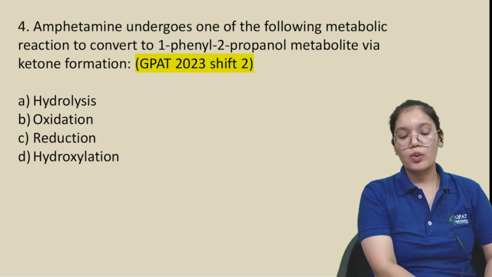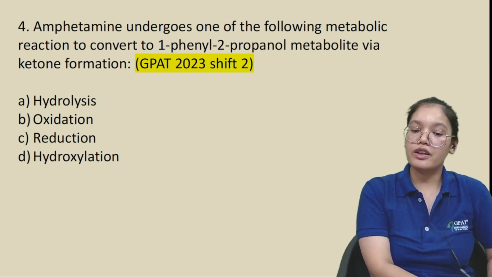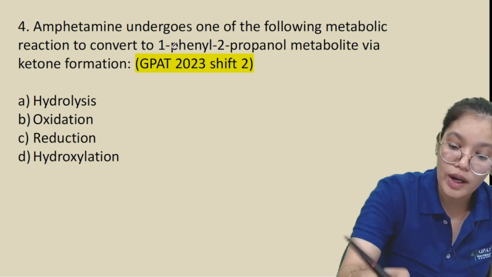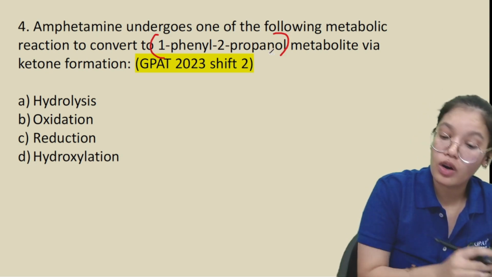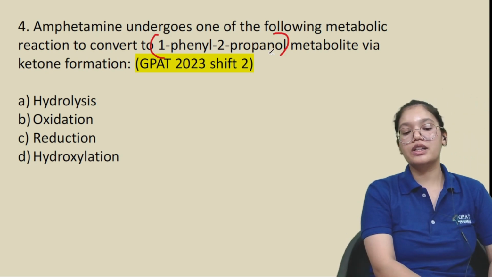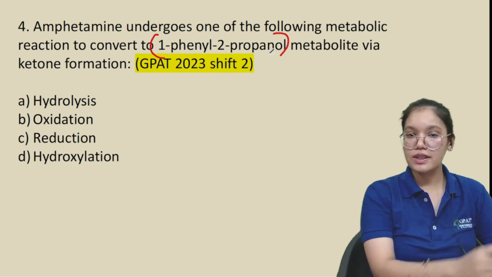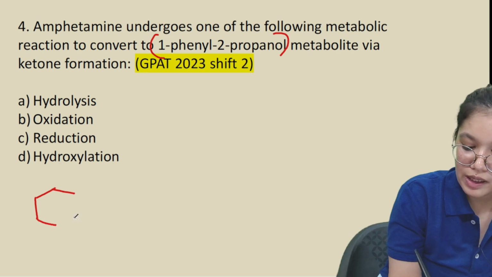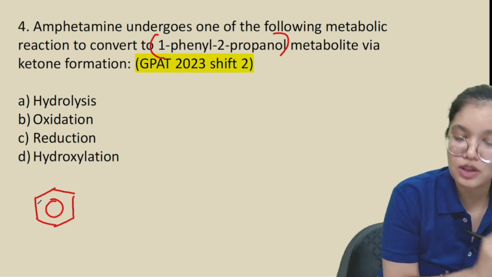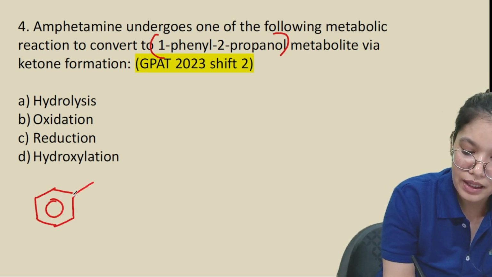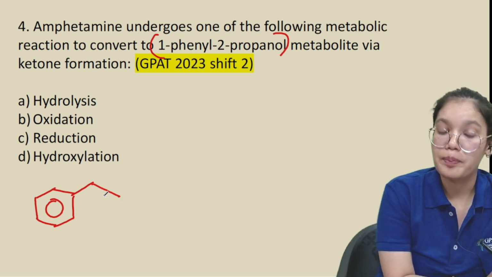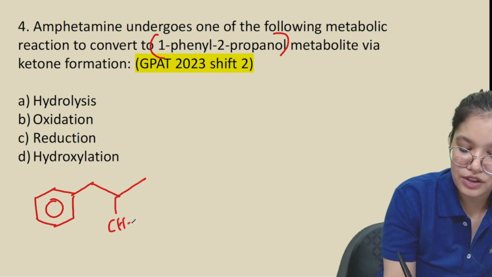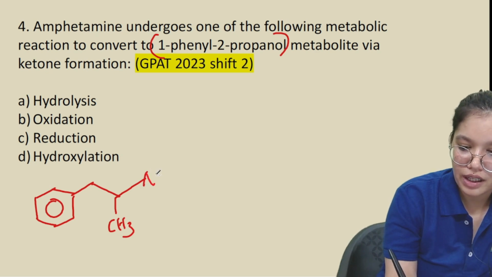Now the next question we have: amphetamine undergoes one of the following metabolic reactions to convert to a 1-phenyl-2-propanol metabolite via ketone formation. First, let's draw the structure of amphetamine. Amphetamine is a non-catecholamine, so it contains a phenyl ring that has an ethyl bridge, and here we have a CH3 group, and here we have an NH2.